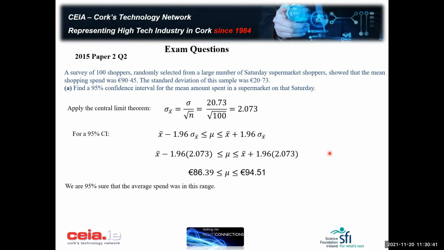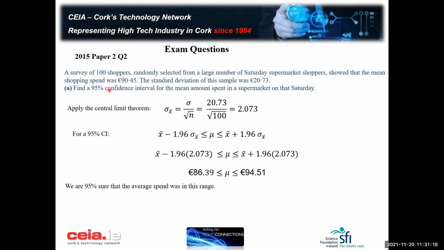Okay, so let's look at a problem from 2015. Here, this first part, part A, they're looking for a 95% confidence interval. You have a sample of 100 shoppers from a larger population, and they give you the mean spend and the standard deviation.